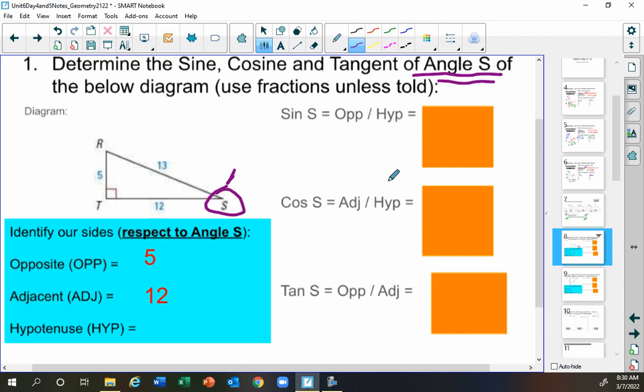Boom, you did that. Now, we need to identify our sides with respect to angle S. So if this is angle S, let me look across. This is going to be your opposite side over here.